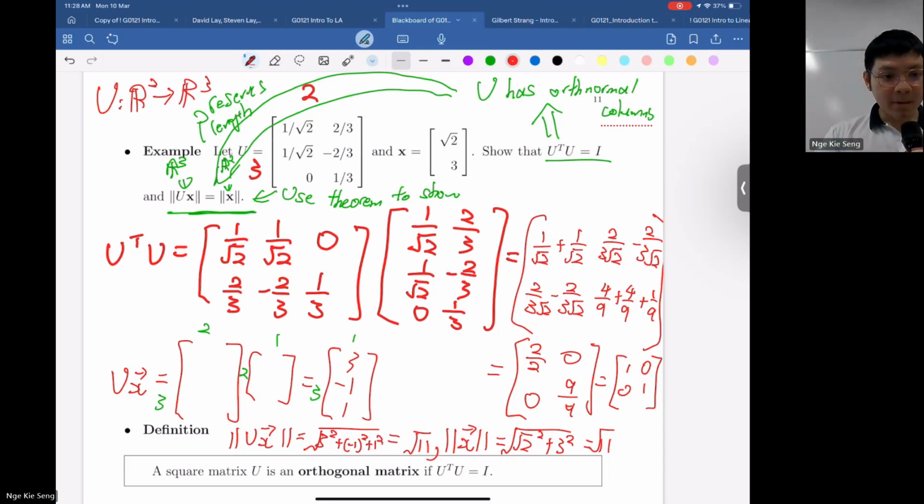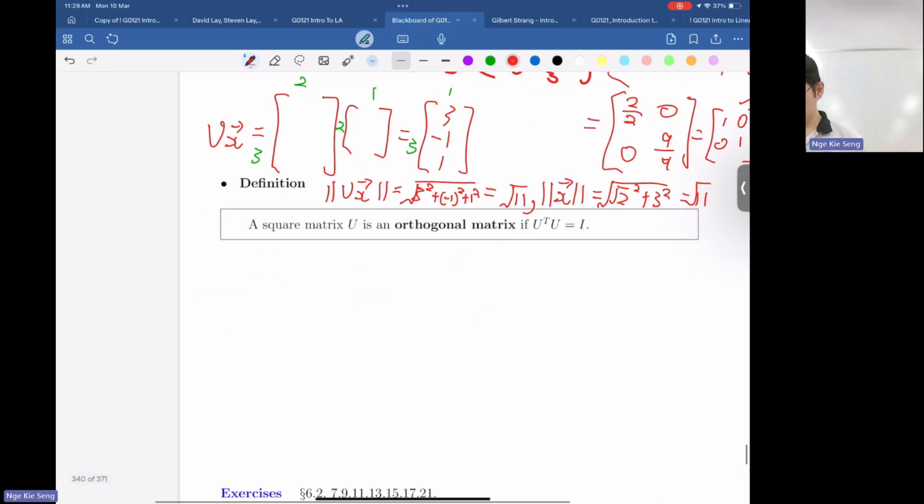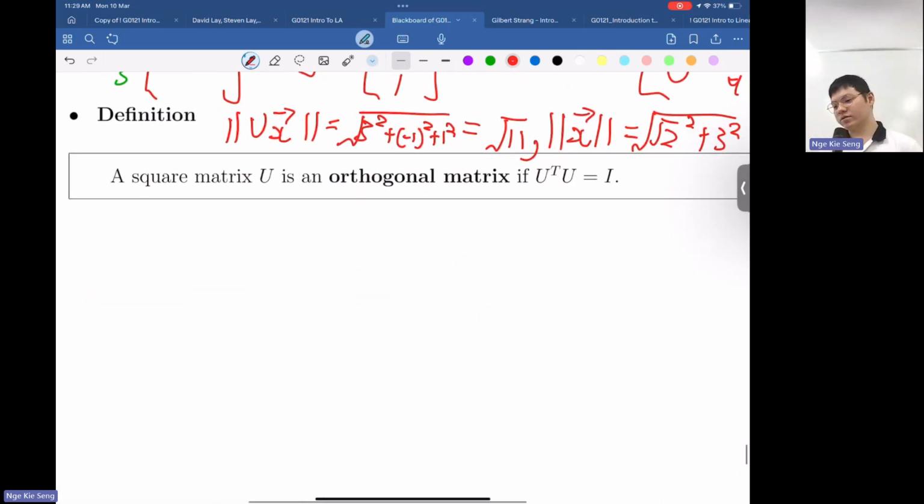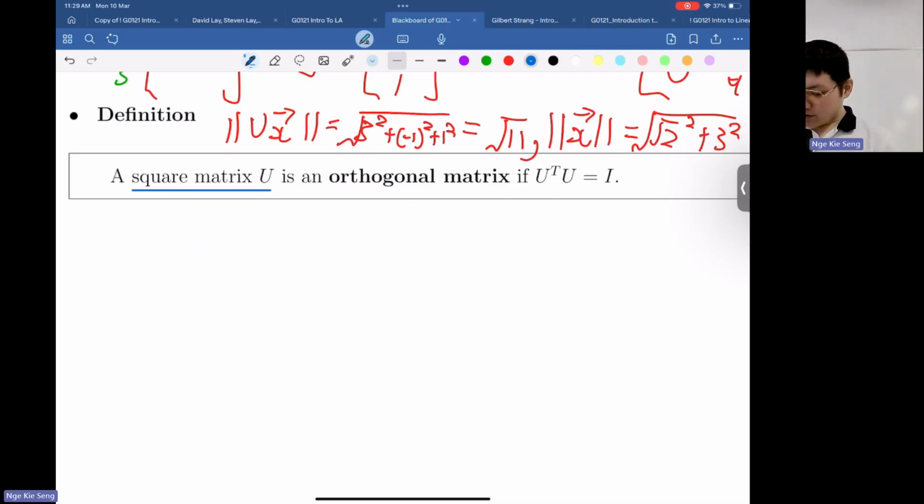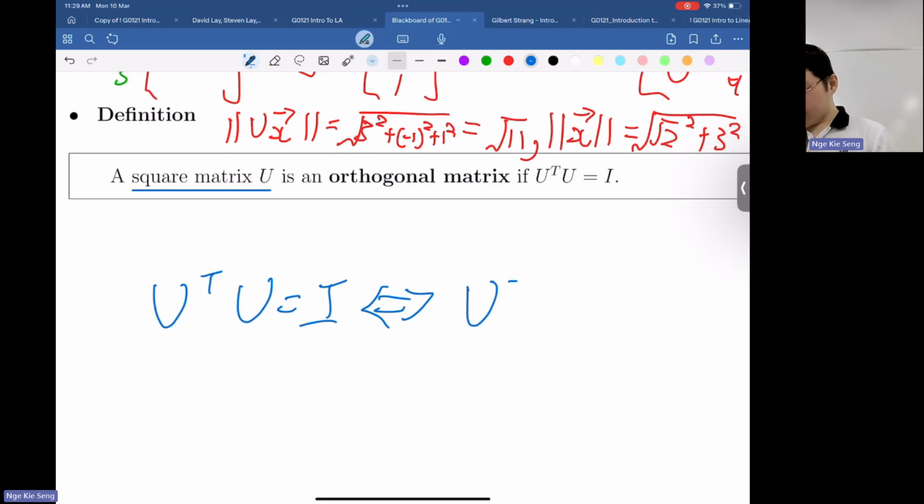Next definition: we say that a square matrix is an orthogonal matrix if it satisfies this property, UTU equals identity. This only works for square matrices. We didn't define it for general matrices with orthonormal basis. UTU equals identity implies that the inverse of U is just U transpose.